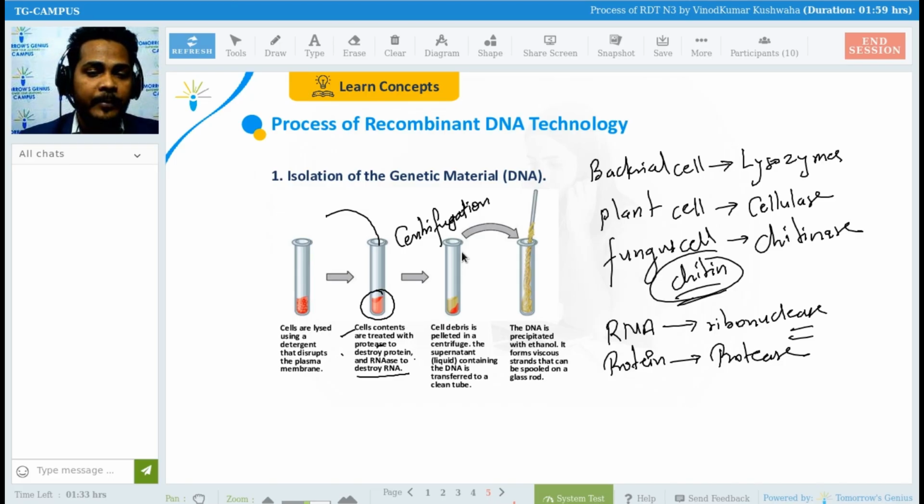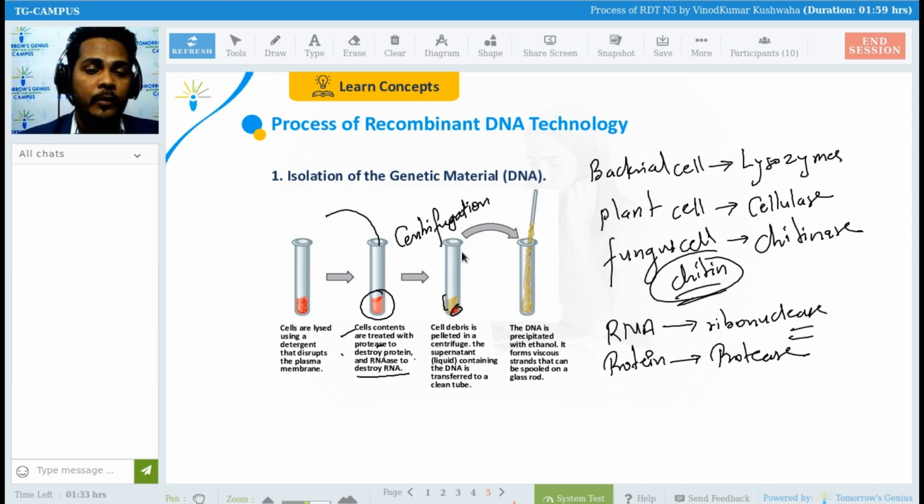That cell debris is pelleted in the centrifuge, and then the supernatant containing the DNA is transferred to a clean tube. Here you can see the red one is your debris, which is not your required product, but the yellow one is your DNA, which is your required product.